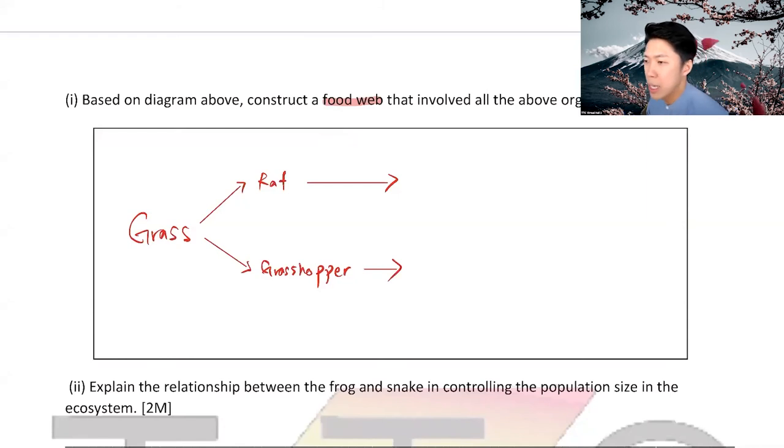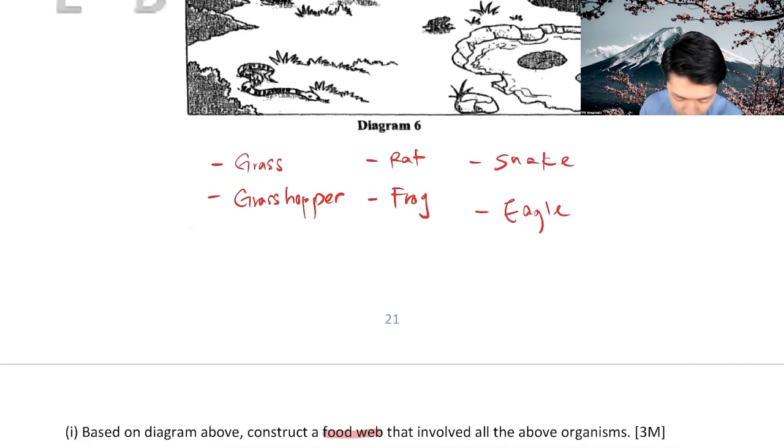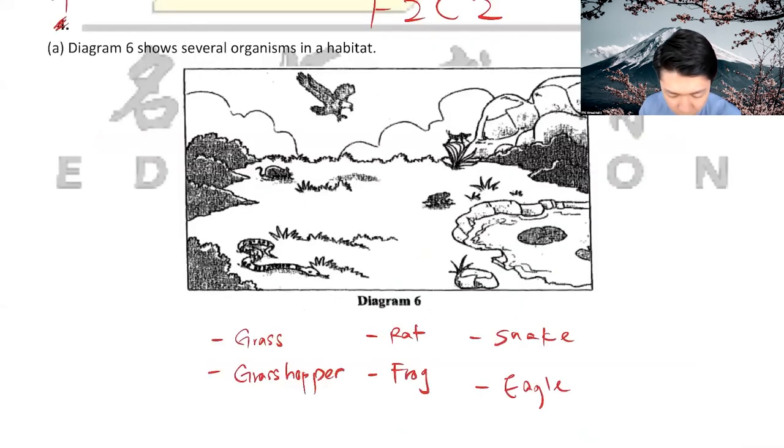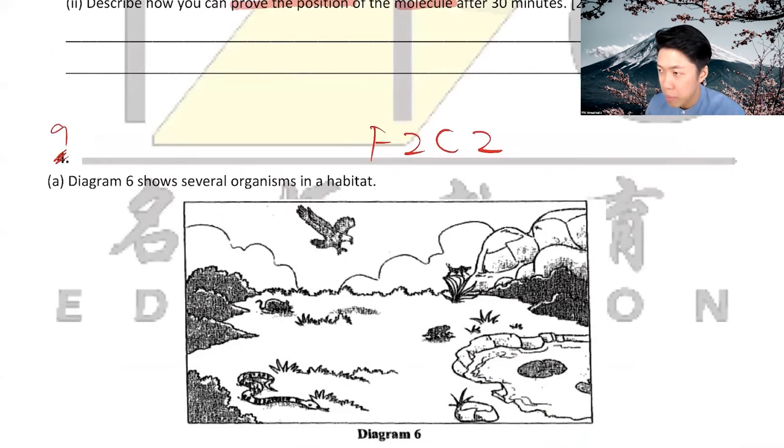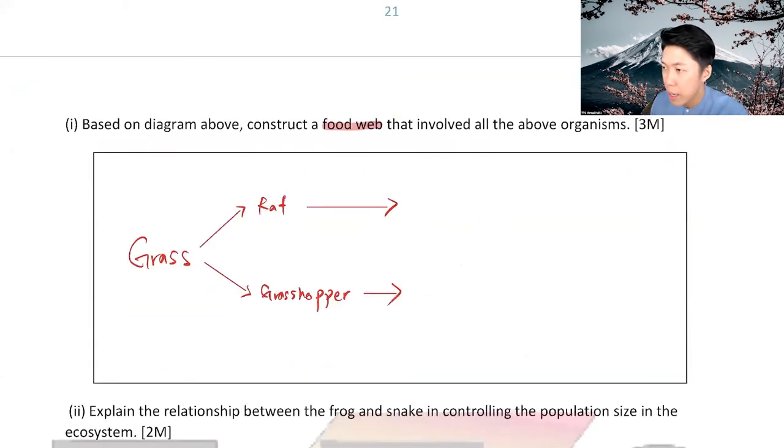Rat is usually eaten by, in the picture, we have its favorite food here, snake. Makes sense? Yeah. So I'm guessing we can write snake here. And snake, anything to extend? I think snake can be eaten by eagle.